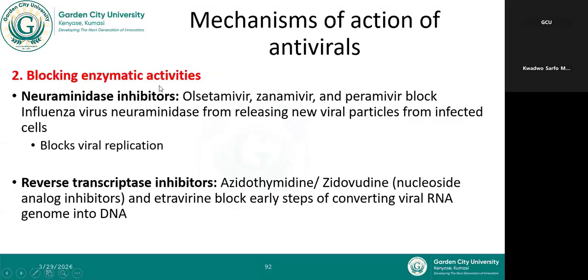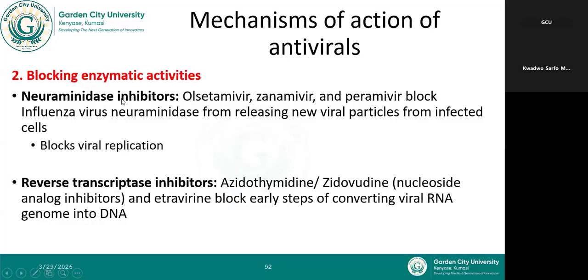We have those that block the enzymatic activities, and several of them. Examples are the neuraminidase inhibitors, oseltamivir and zanamivir, which are used for influenza viral infections. And remember the viral life cycle: at the last point, the virus needs to be released to infect new cells.